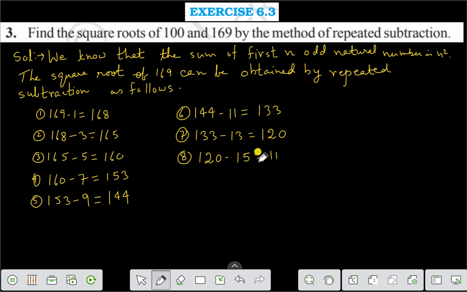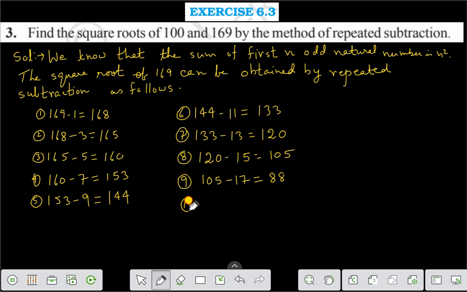No, 120 minus 15 is 105. Ninth step is 105 minus 17. 105 minus 17 is equal to 88.